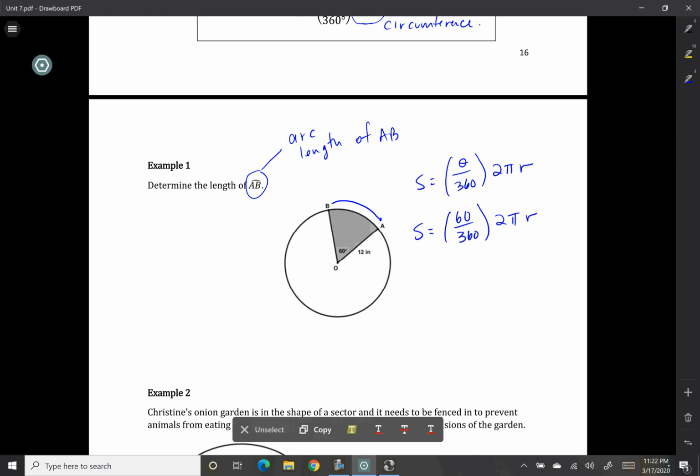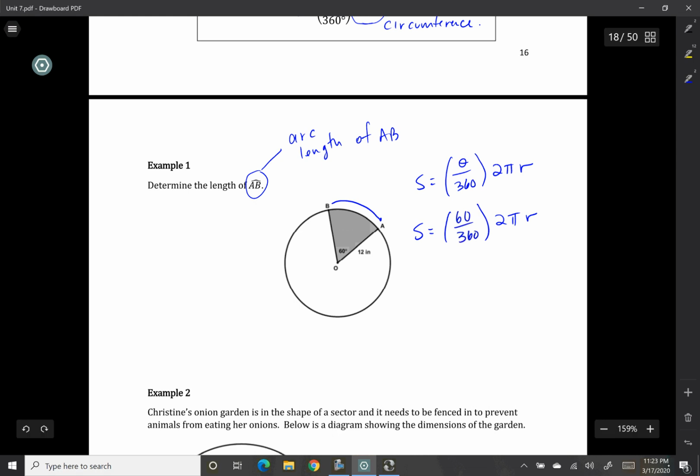Now, I'm going to find this answer in two ways because it doesn't tell us what to do here. I did that on purpose so that we could discuss how we can actually show this answer. We can show this answer in terms of pi. In terms of pi means plug everything that you see here into your calculator except for pi, including the radius, which I should have put, of 12.